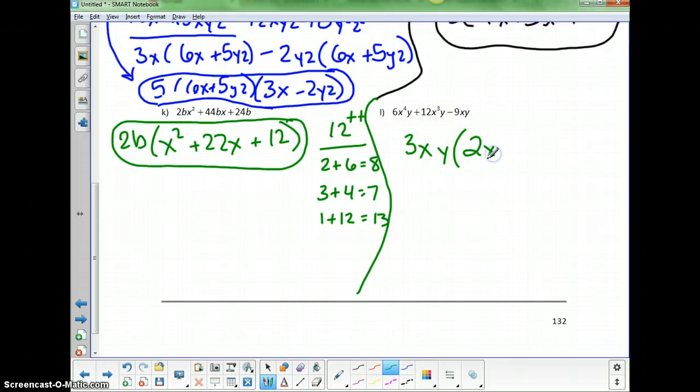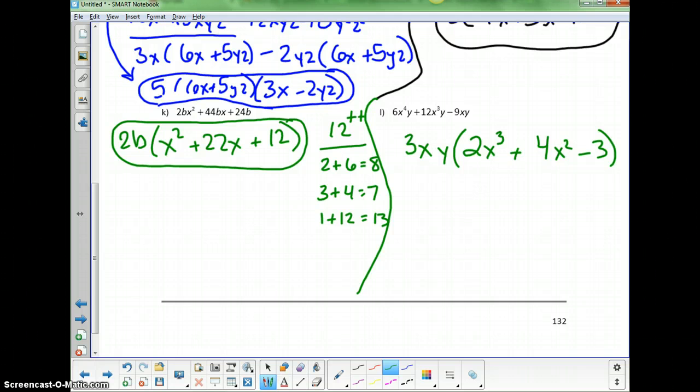Take 1 out, so x cubed is left. I had 4 and I took 1 out, so I've got 3 left. Plus 4. There were 3, took 1 out, so there's 2 left. 4x squared minus 3. Okay?